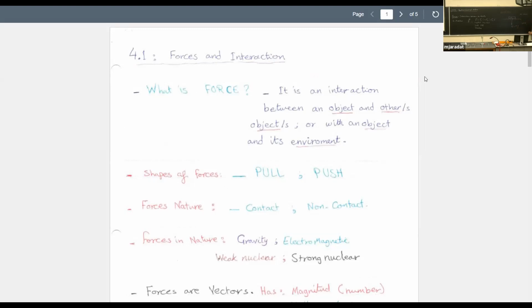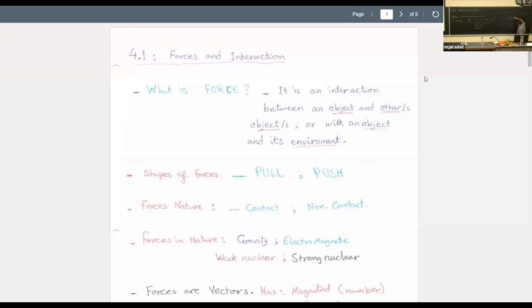And its direction is downward, which is the acceleration due to gravity. So we have the weight downward. So why does this object not go down? Because we have a surface. This surface acts with another force in the opposite direction of the weight.